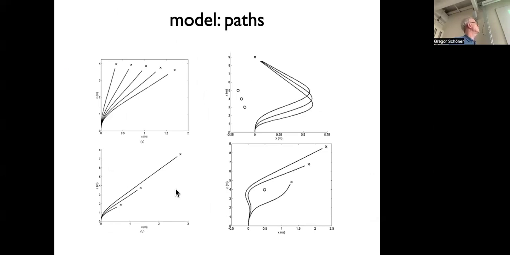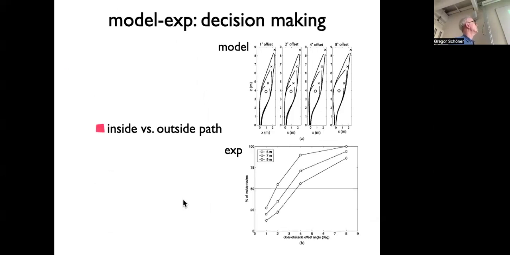So there's something interesting in, this is the model, but I think there's also an experiment here. In the experiment, they had cases where they have to make decisions, where there's a target here and an obstacle here. So the target is at different distances. The obstacle is here. And I think it's the angular offset that is varied.